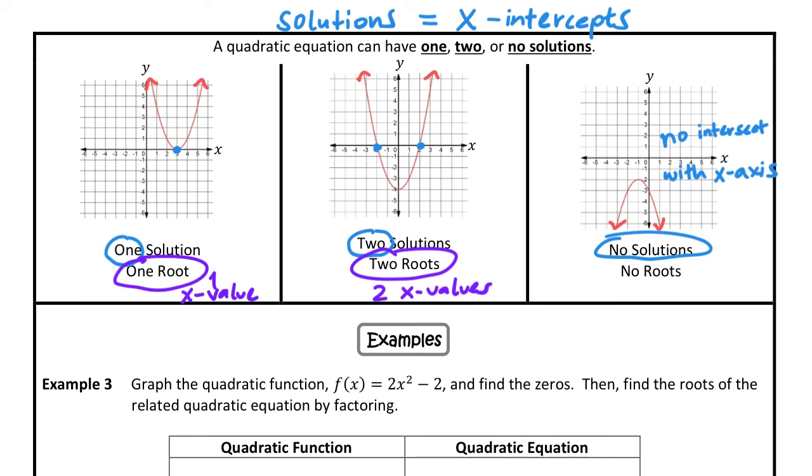And no roots is getting no x values. So if we look at it graphically, we have our answer in front of us. If we look at it algebraically, then at the end we check, how many x values did I have? Did I get one x value, two, or none? So let's look at example 3.